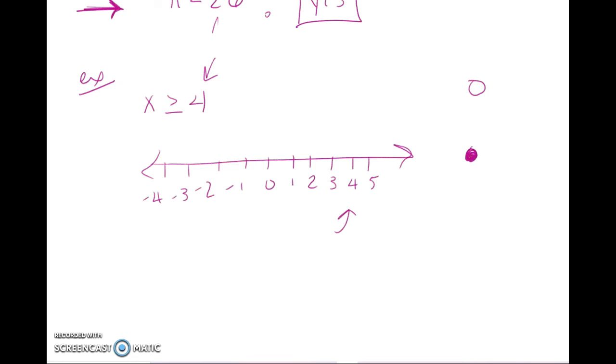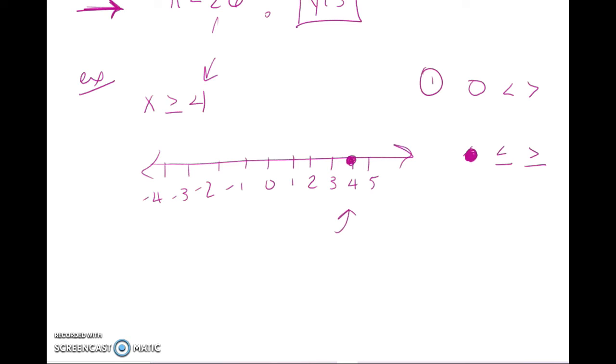We have an open circle if it's strictly less than or greater than, but we have a closed circle if it's less than or equal to or greater than or equal to. So we have to pay attention to the sign in the expression, and in this case, we have a greater than or equal to, which tells me I'm going to need a closed circle at 4.